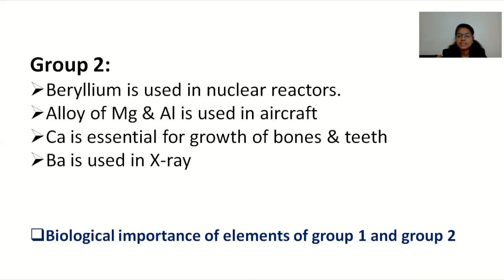It is also used to adjust cholesterol level. So there are many uses. Also, calcium is useful for the growth of bone and teeth. So these are some uses, or biological importance, of group 1 and group 2 elements.